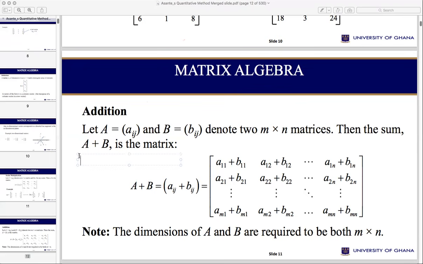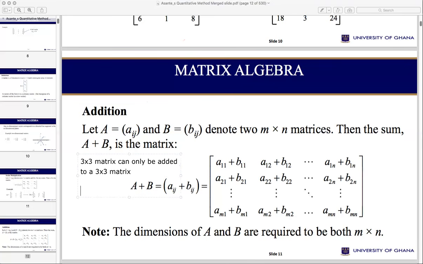So let's say a 3 by 3 matrix. A matrix can only be added to a 3 by 3 matrix.